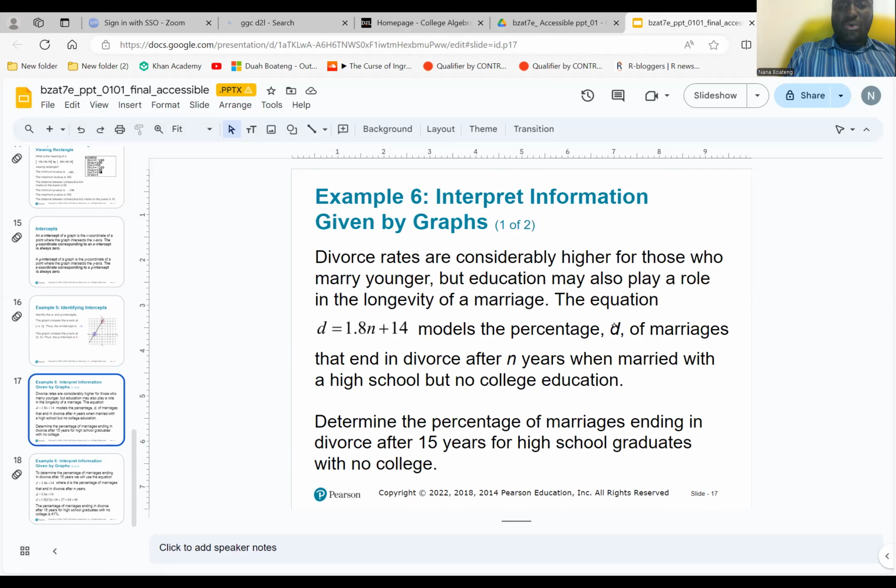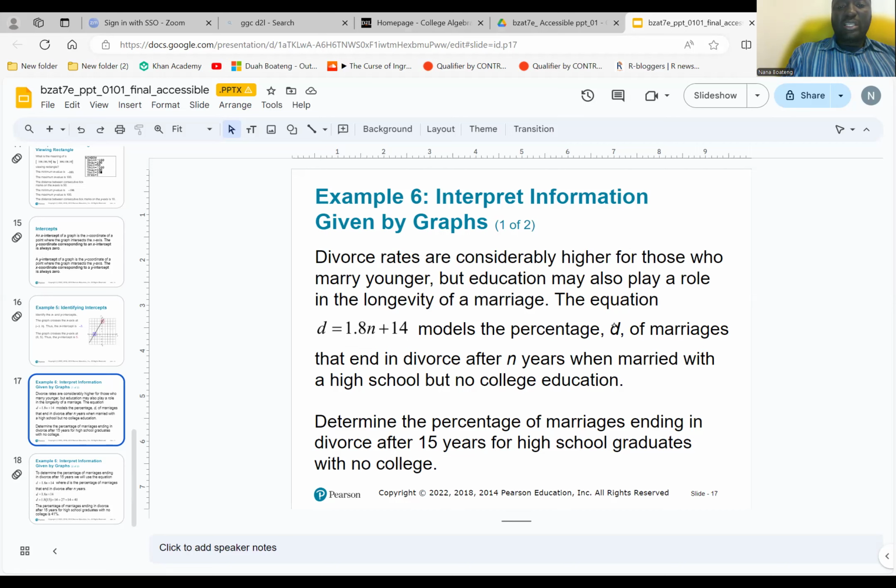All right, so we can be given an equation in two variables, and one of the variables in the equation can be given, and we can be asked to find the other one. So for example, we have: divorce rates are considerably higher for those who marry younger, but education may also play a role in the longevity of a marriage.